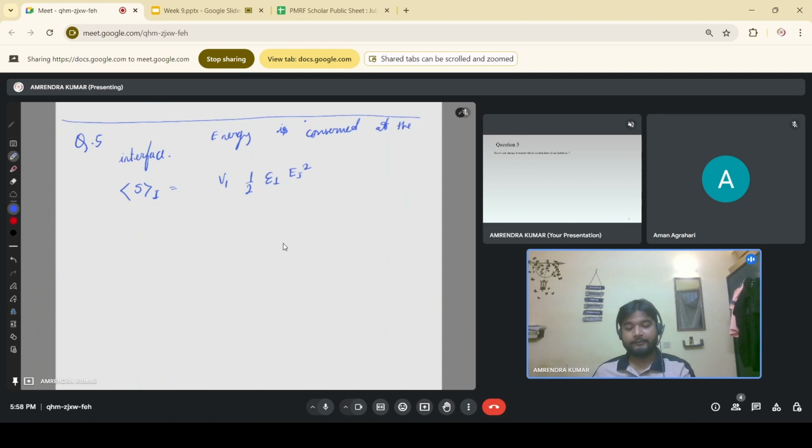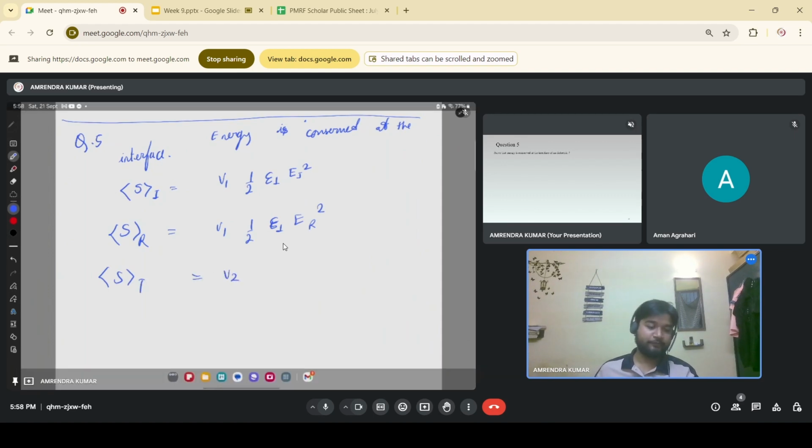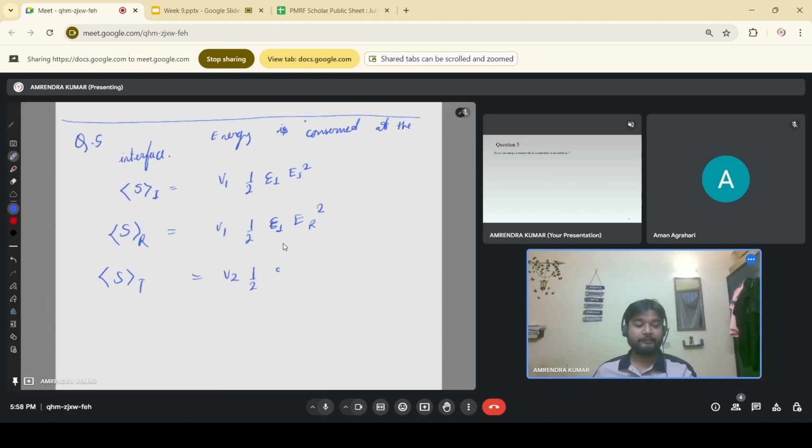Now let us see what is the reflected power. That will be V1 half epsilon 1 from medium one, because it's reflecting in the same media. And then we can write the transmitted one. This will be V2, because the media 2, half epsilon 2 transmitted square.